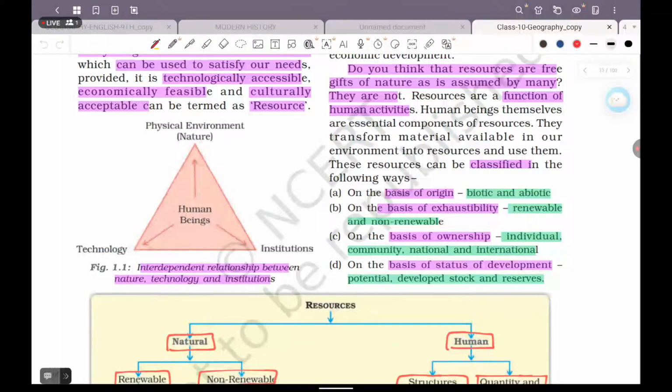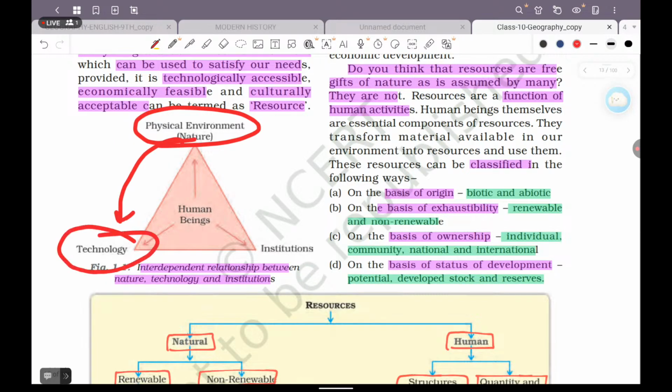It means that the resources are present in the physical environment, but they have to be taken out from the earth's surface. Like if the resource is coal, then coal is not directly available to people.